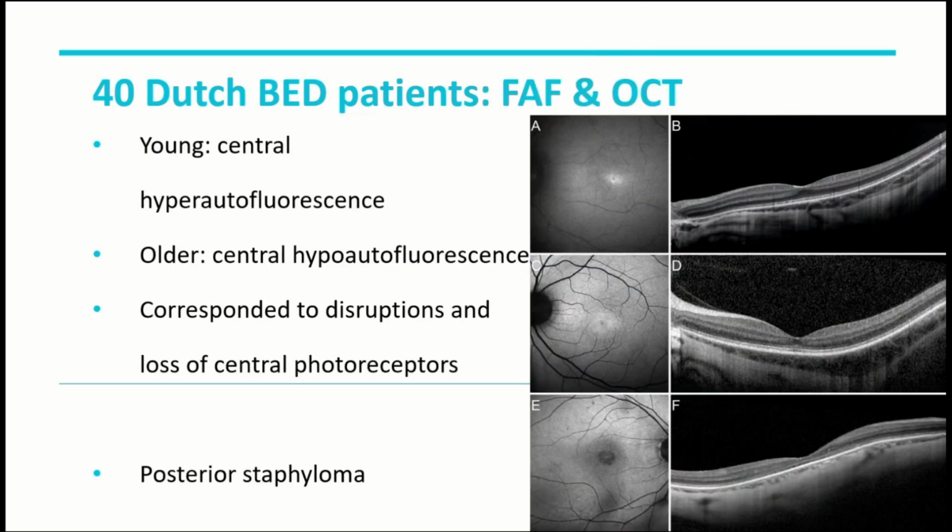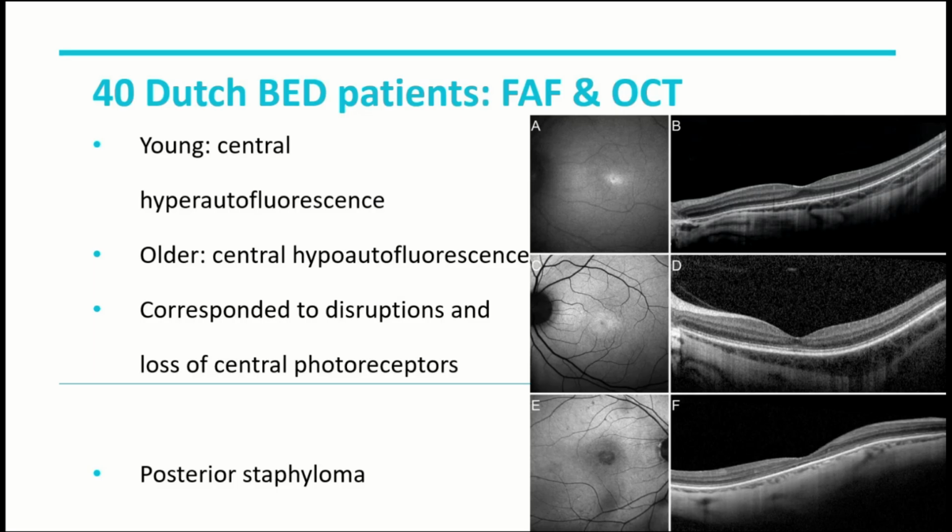So here are examples of the fundus autofluorescence and OCTs in a few cases, and what you can see in the younger cases is that there's central hyper-autofluorescence on the fundus autofluorescence, and in the older case, which is shown at the bottom, you can see that there's central hypo-autofluorescence. And this corresponded to disruptions that we saw in the central area on the OCT, which appeared to be due to the loss of photoreceptors.